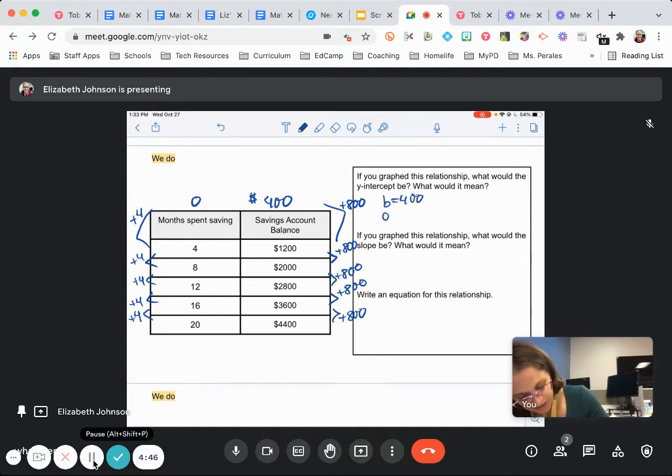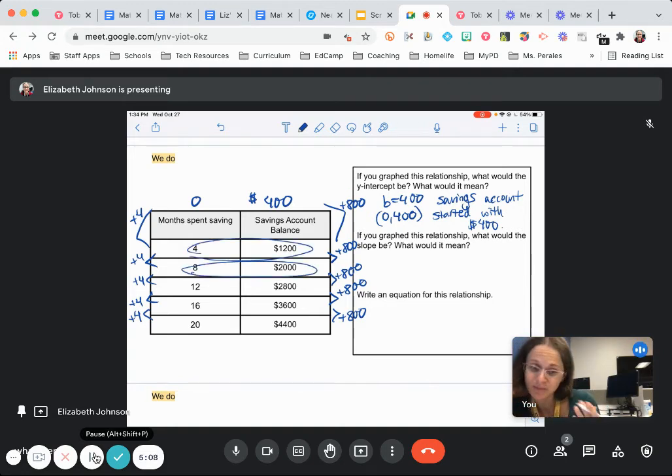All right, y'all, what do you think that means? We're talking about the months that somebody spent saving and their savings account balance. So this means that their account started with $400. Now let's think a little bit about the slope. I'm just going to use my first two rows again, although really I can pick any two rows. Let's label those values.